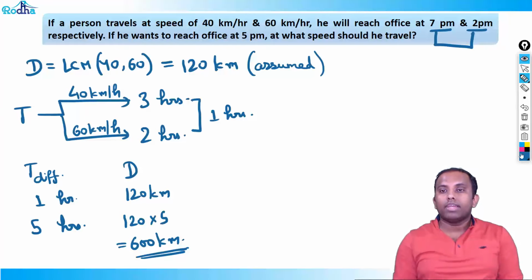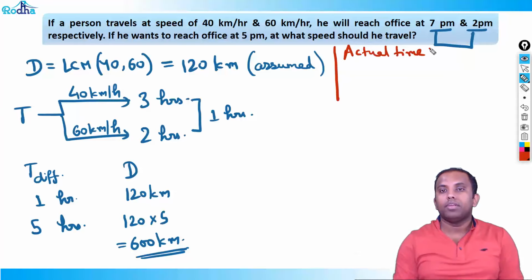So now I can get the actual time. See here, the actual time taken at 40 kilometer per hour is 600 by 40, that is 15 hours. Time taken at 60 kilometer per hour is 600 by 60, that is 10 hours. Now see here.